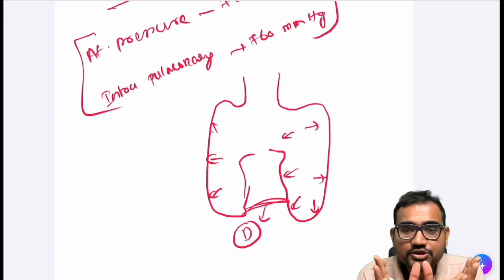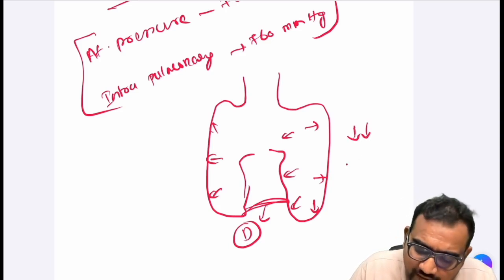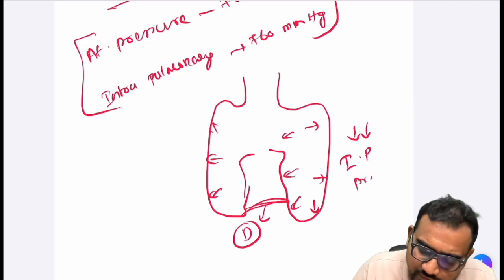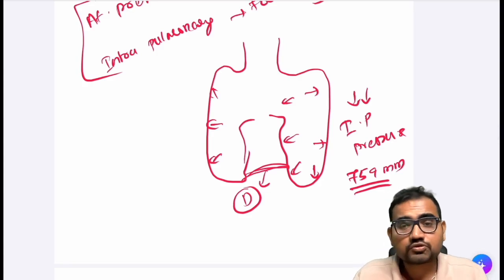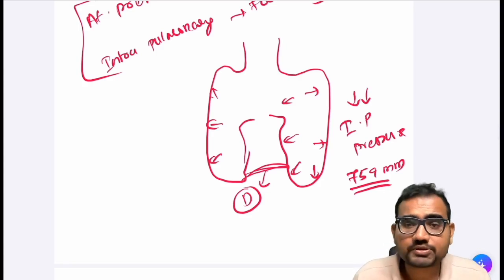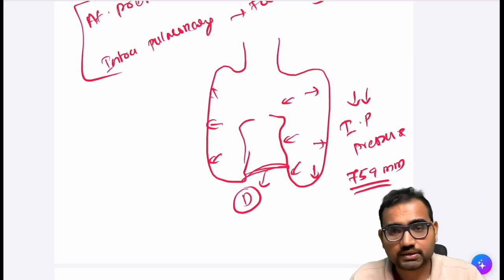Because of the expansion, there is a drop in the intrapulmonary pressure. It drops by 1 mm, going to 759 mm. As I told you, air moves from higher pressure to lower pressure. So inside the lungs it is now lower pressure, so air is going to come inside the lungs.